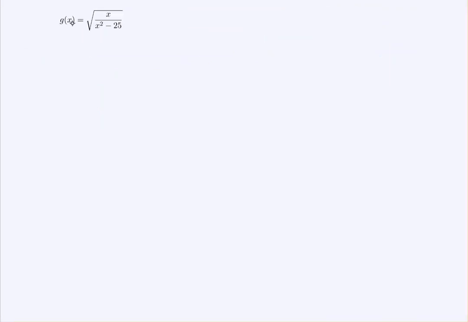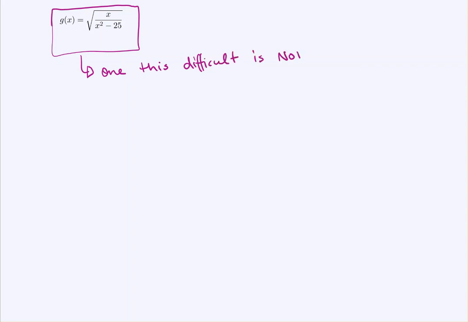Now, this next example has an additional difficulty to it, and one this difficult is not on a quiz or exam.